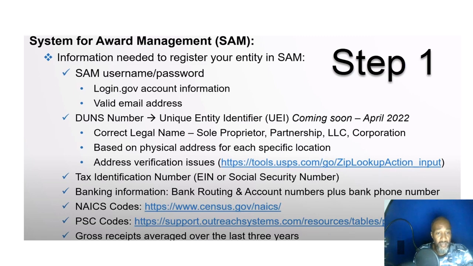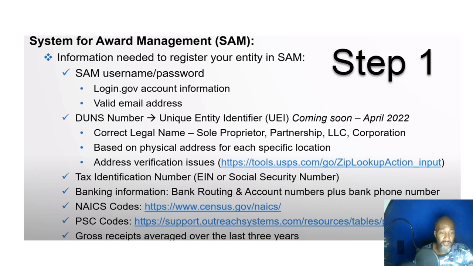So make sure you have the address that you're going to be working out of. However you register your LLC or your sole proprietor, all the addresses must be the same, because if not, it will delay you getting approved through SAM.